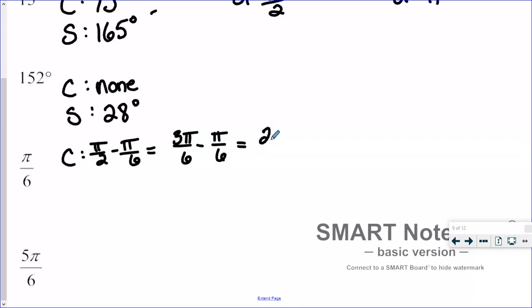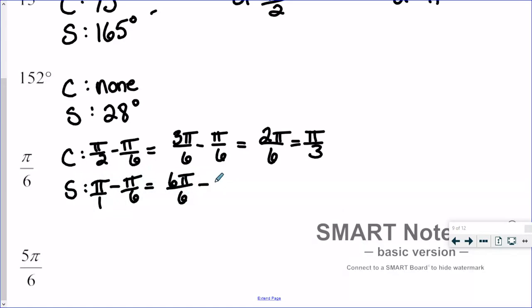This would be 2 pi over 6, which reduces to pi over 3. Similarly with the supplementary angle, now we're doing pi minus pi over 6. We want a common denominator again, so we have 6 pi over 6 minus pi over 6, and that's just going to be 5 pi over 6.